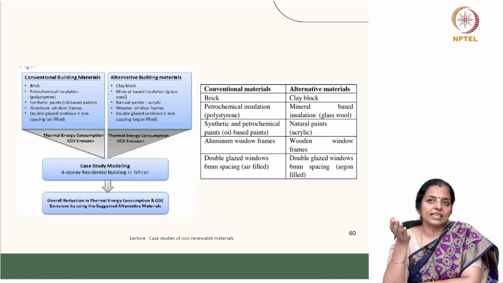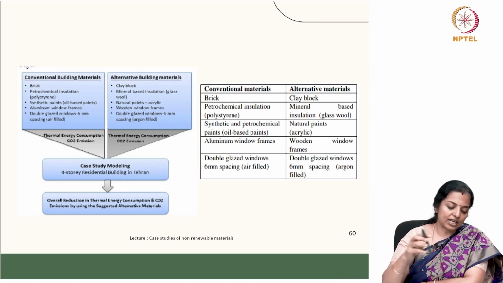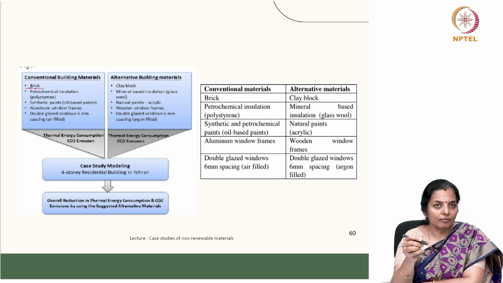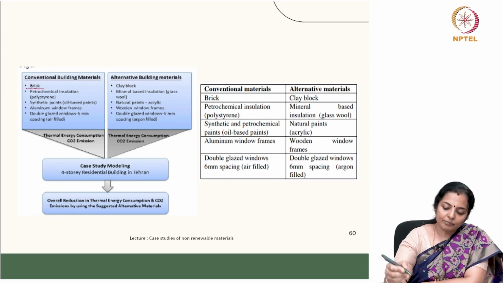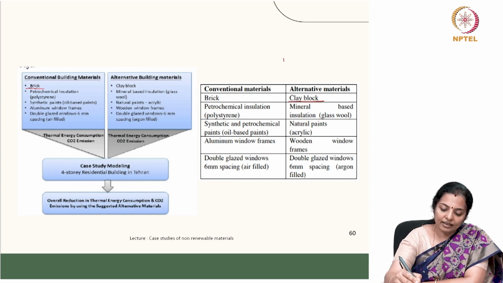In this study, they have used simulation to understand what happens when you use conventional building materials such as brick for the wall versus clay block as an alternative material.